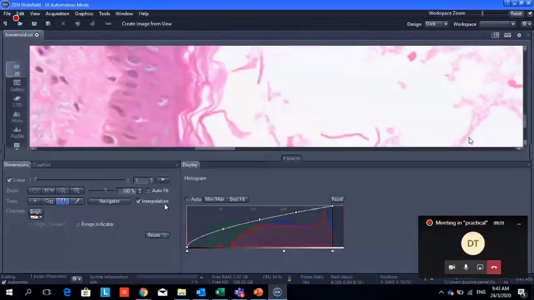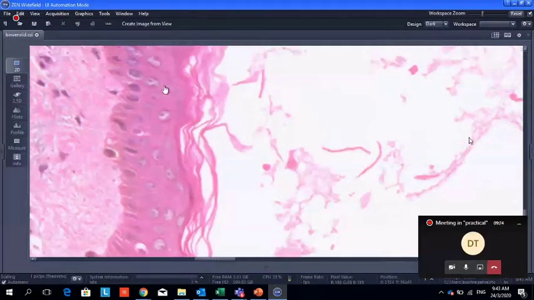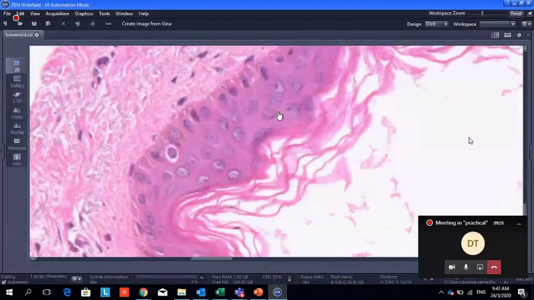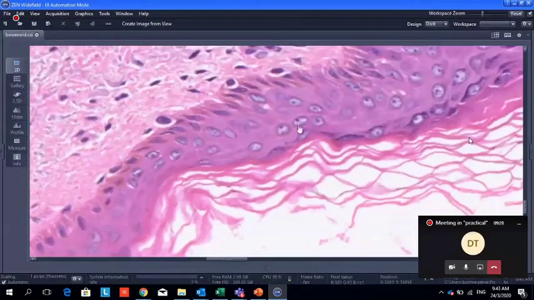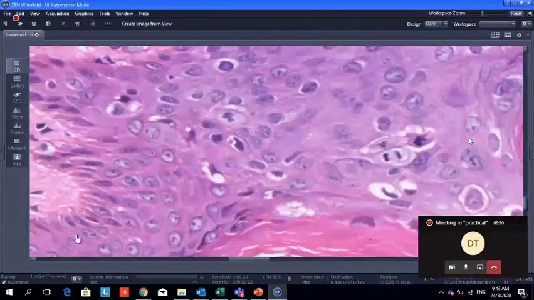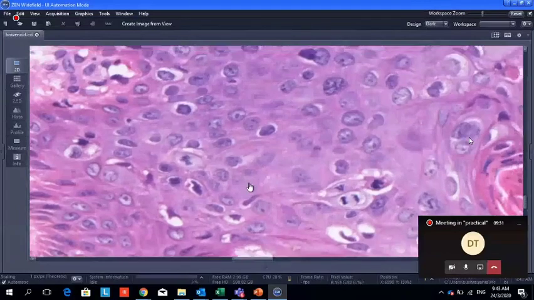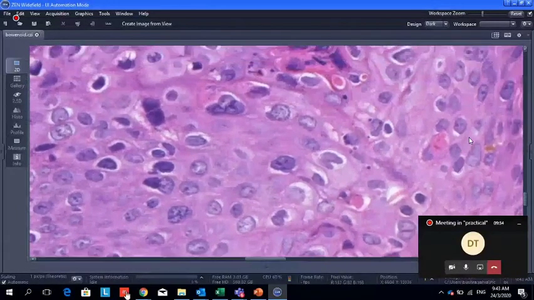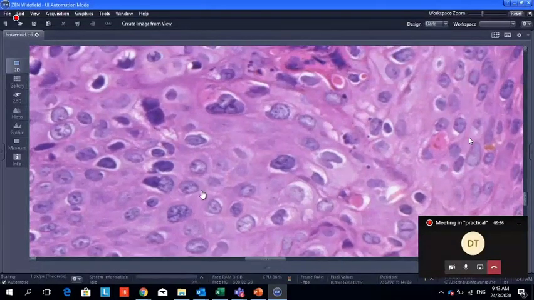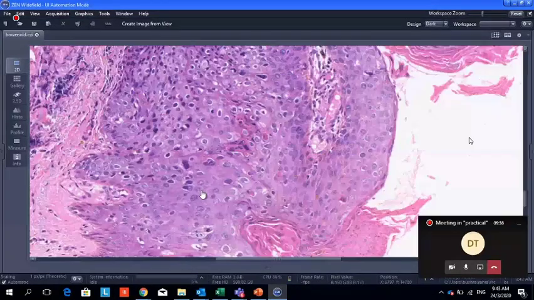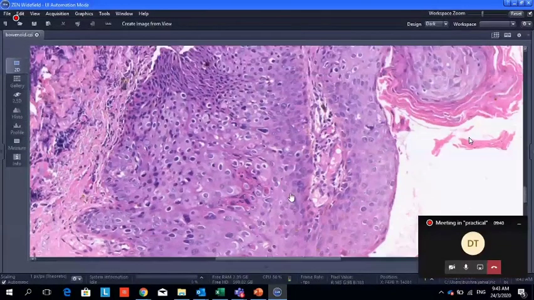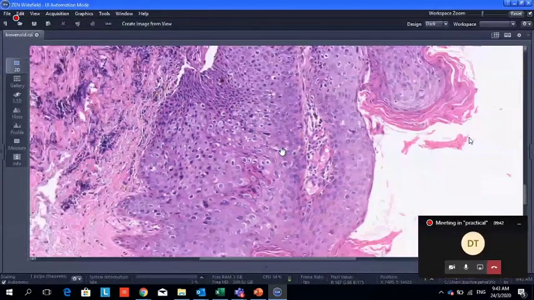Okay, if we move to see what is the difference. Can you see any difference? Yes. What do you see? Abnormal proliferation.